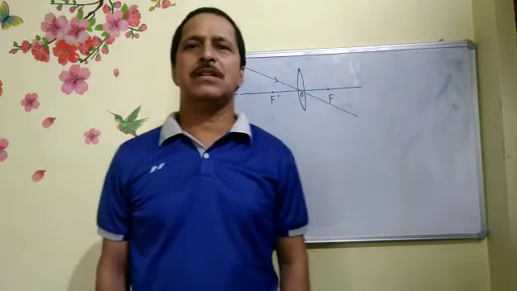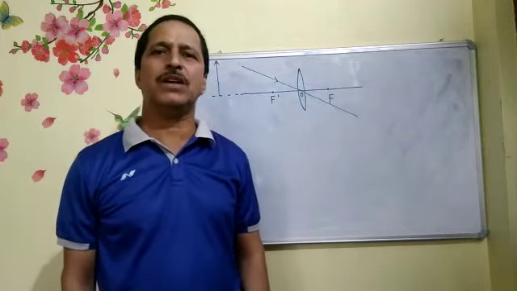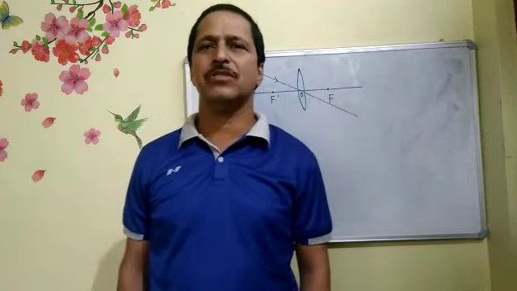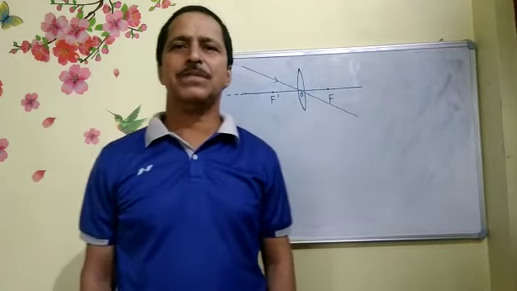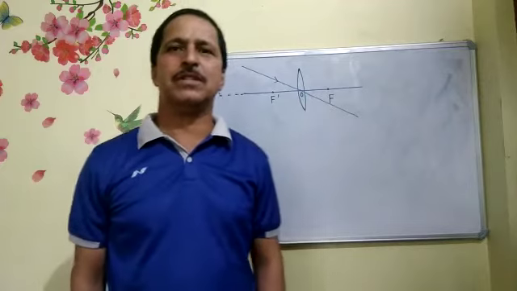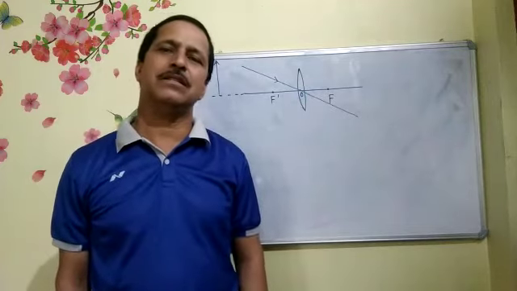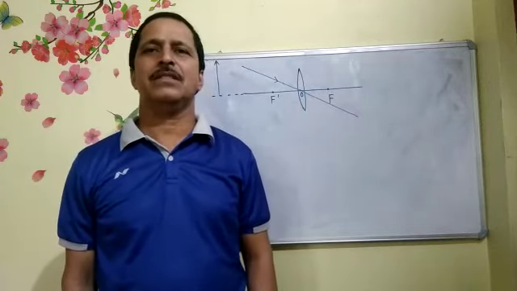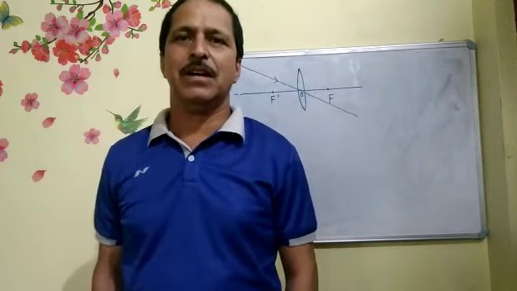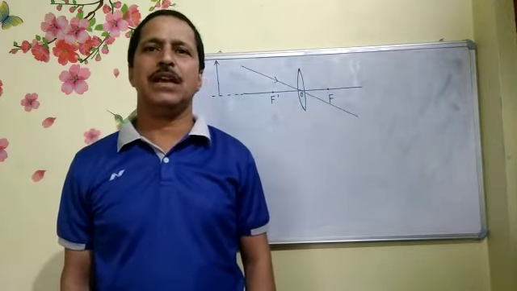These rules are somewhat similar to the ones which we applied while we were drawing the ray diagrams for the spherical mirrors. The first of the rules that we have to keep in our minds is that the rays coming from infinity are parallel to one another.